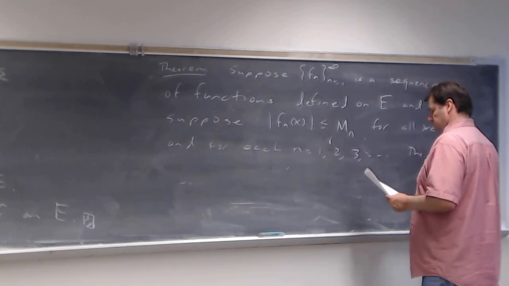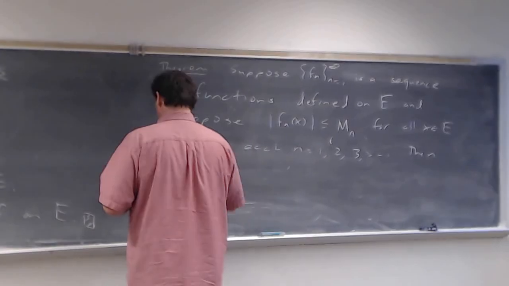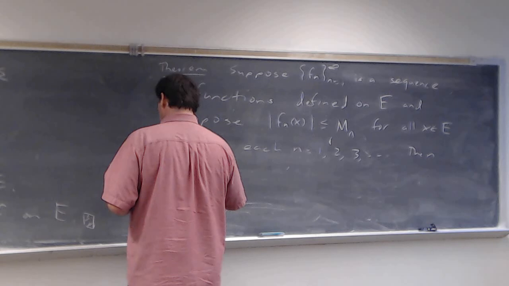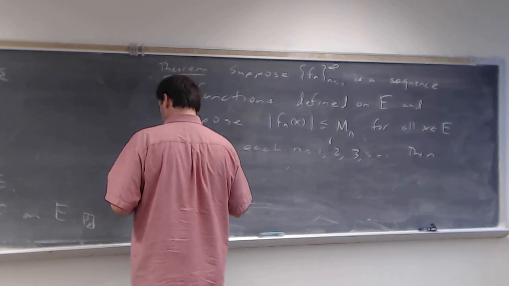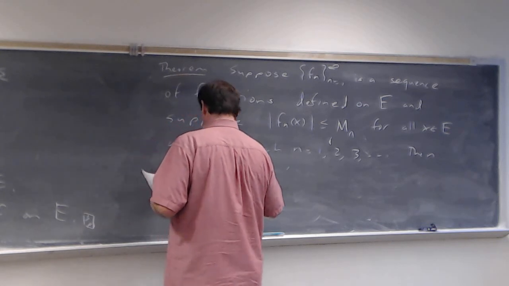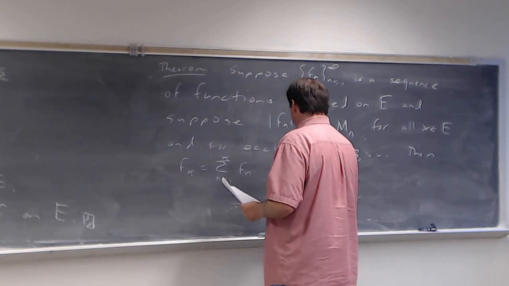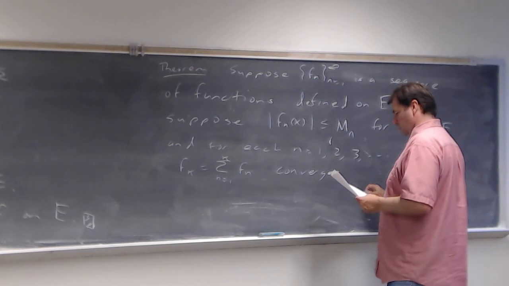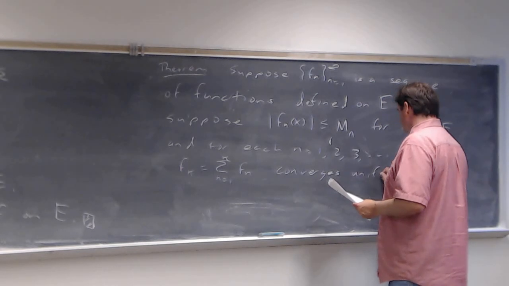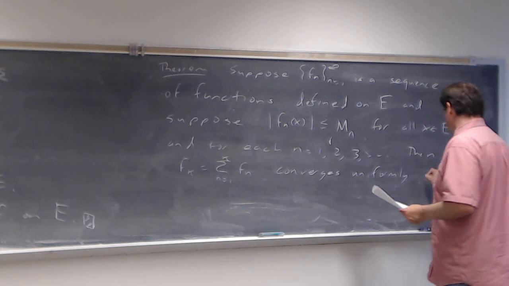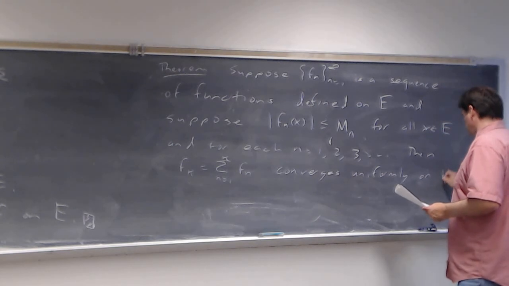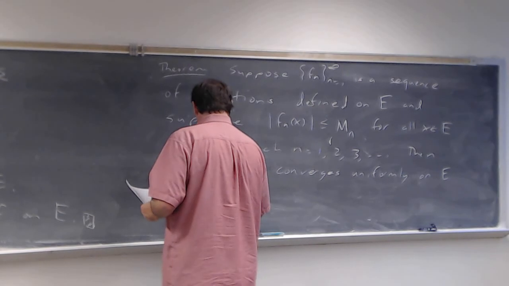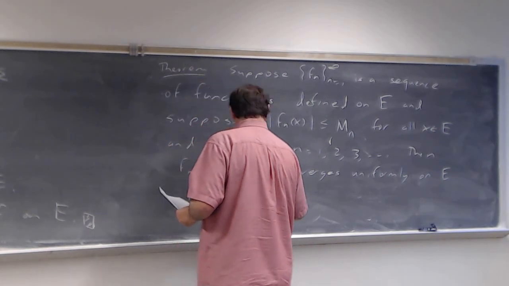Then the f sub k, equal to the sum as n runs from 1 to k of f sub n, converges uniformly on E if the sum of the M sub n's converges.